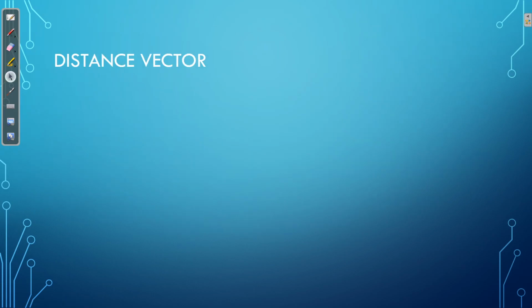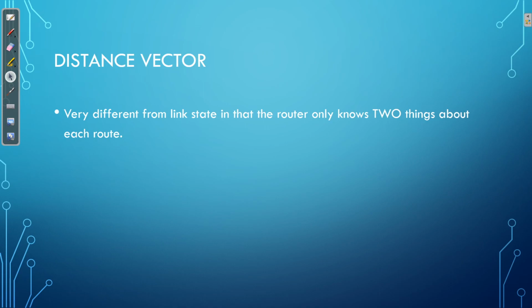Now, the next type of IGP routing protocol we have is distance vector routing protocols. Distance vector routing protocols are very different from link-state in that the router only knows two things about each route. So the biggest contrast is that with distance vector, we don't build this picture or map of what the network looks like.